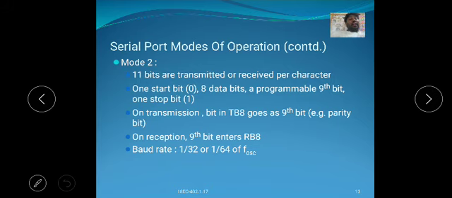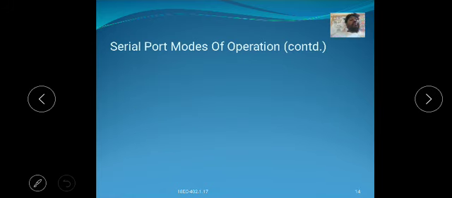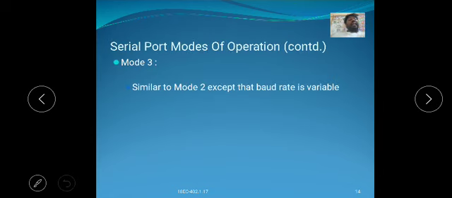On reception, the 9th bit enters RB8. The baud rate is 1/32 or 1/64 of the oscillator frequency. Mode 3 is the same as mode 2 except for the baud rate.